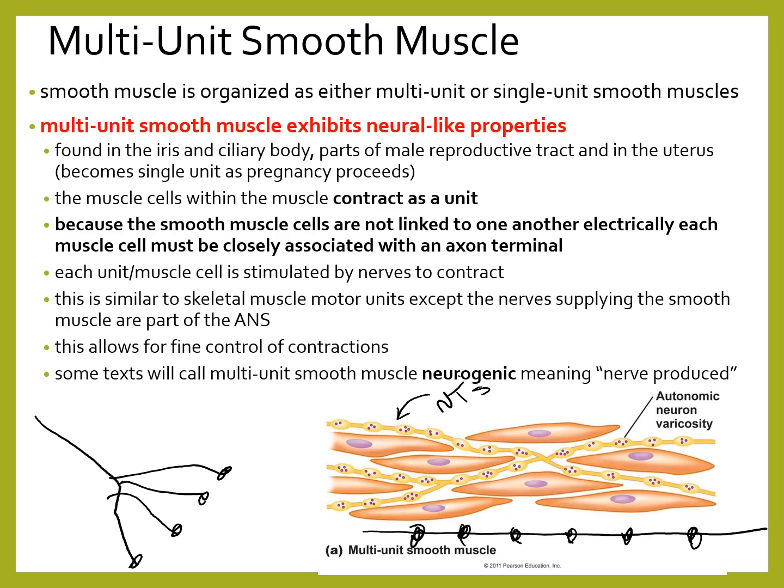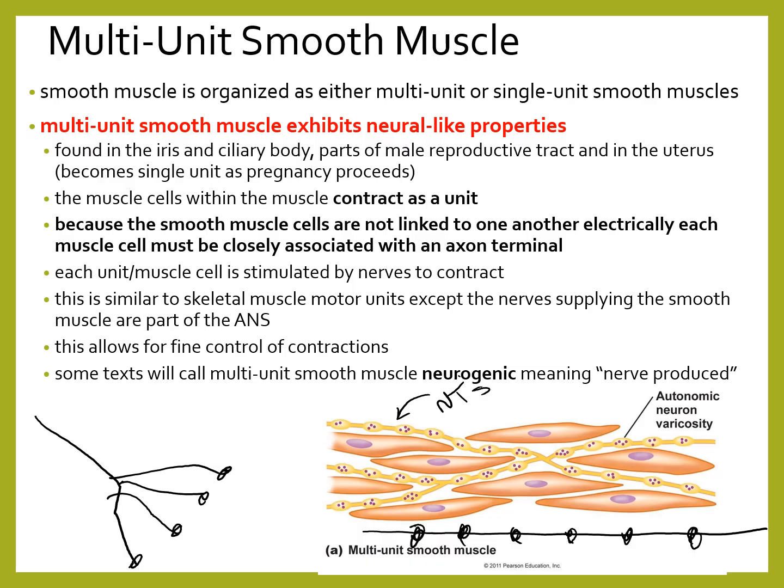This kind of very intimate association with multiple synaptic end bulbs and multiple smooth muscle fibers allows for fine control of contraction. Multi-unit smooth muscle are found in things like the iris and the ciliary body, parts of the male reproductive tract, and in the uterus. Although in the uterus, the smooth muscle will shift to single unit as pregnancy proceeds.